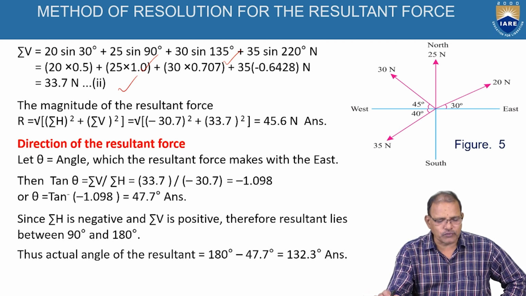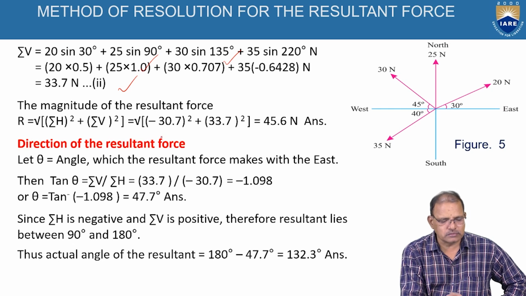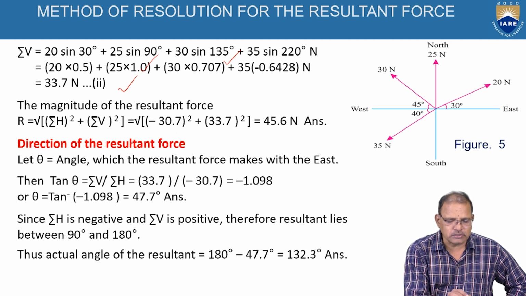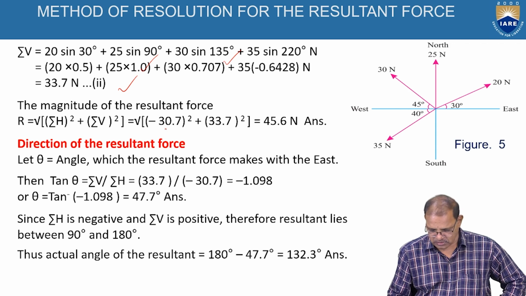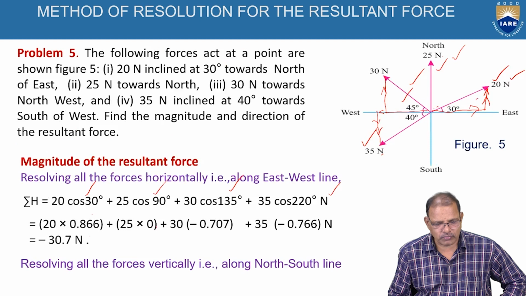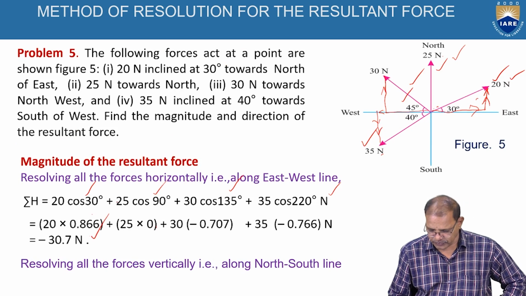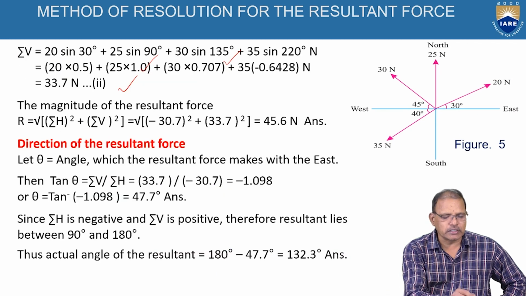The magnitude of the resultant force is equal to the square root of sigma H whole squared plus sigma V whole squared. Here, sigma H is equal to minus 30.7, and sigma V is equal to 33.7.